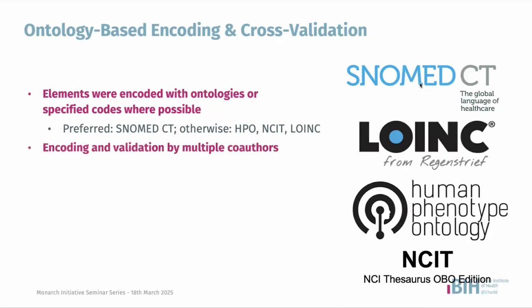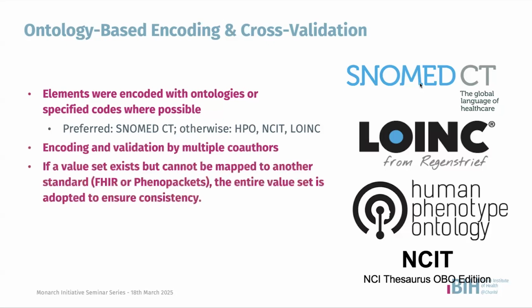We encoded and validated it with multiple co-authors, and one rule we defined is that if a value set exists but cannot be mapped to the other standard, like FHIR or Phenopackets, the entire value set is adopted to ensure consistency. This means, we'll come to that later, but FHIR doesn't inherently adapt ontologies always, such as for encounter, for example.